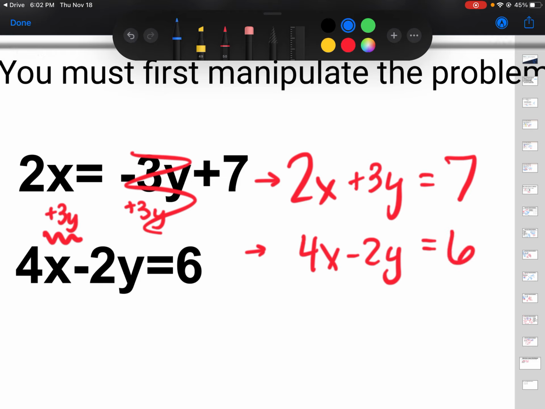All right. Well, the y's are already opposite signs, so that's a point in their favor. And the x's, well, a 2 can become a 4 pretty easily. So if I am changing the x's and canceling those out, I would multiply the top equation by negative 2. If I wanted to eliminate the y's, I would multiply the top equation by 2 and the bottom by 3.